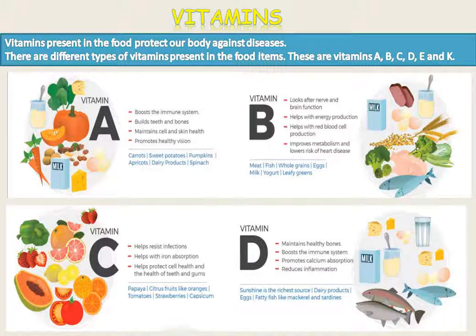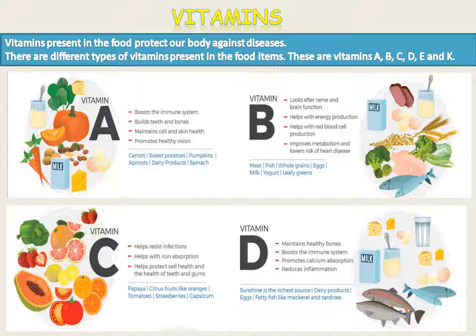Vitamins, or in American accent we call it vitamins, but you can say it as vitamins. So, vitamins present in the food protect our body against diseases. This is the main function of vitamins in our body. It will protect against diseases.